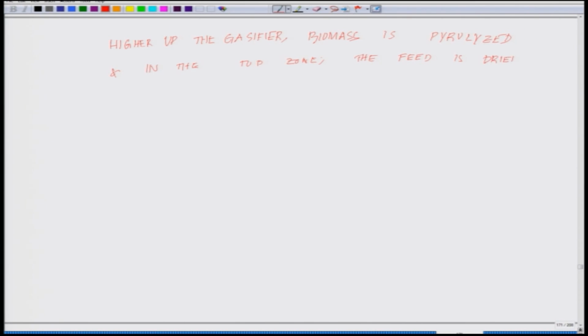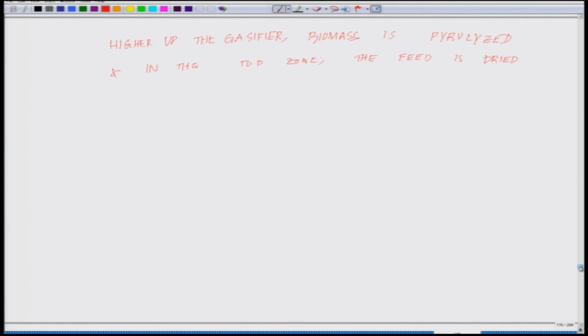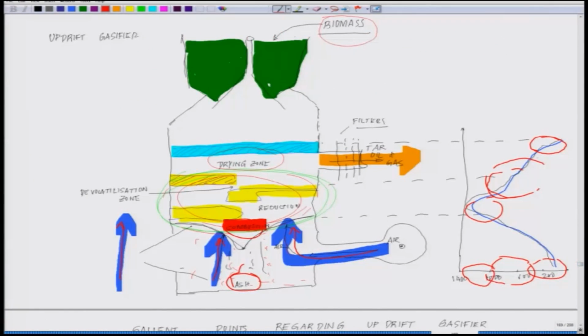That is what you have seen, the drying zone. If you follow the picture, this is the drying zone where the feed is getting dried, and cooling the gas at around 200 to 300 degrees centigrade, which you can follow in this plot.